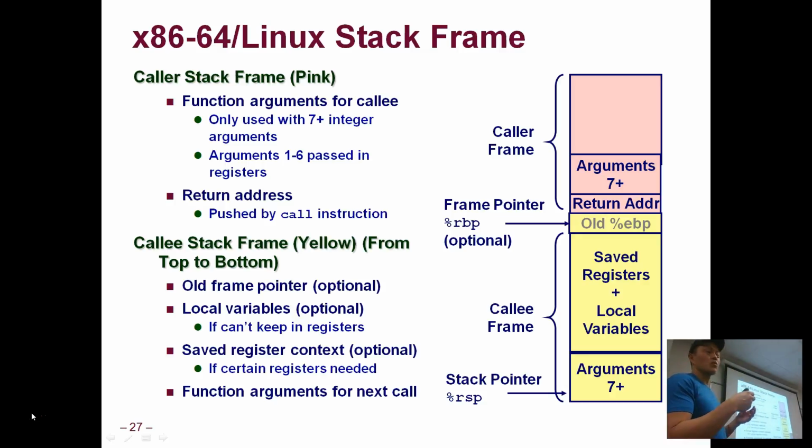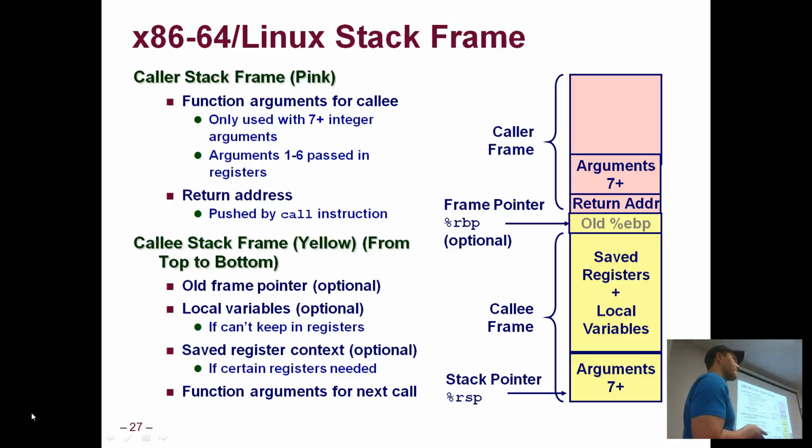So if you only have like 1 or 2 local variables, then you don't need to store those on the stack. In fact, you would rather them be kept in registers and to use the registers directly. So sometimes you'll see local variables allocated, sometimes not. And the same thing with registers. If you are going to use registers that the caller is expecting you not to touch, then the yellow guy's got to save them at the beginning, and then at the very end has to restore them.